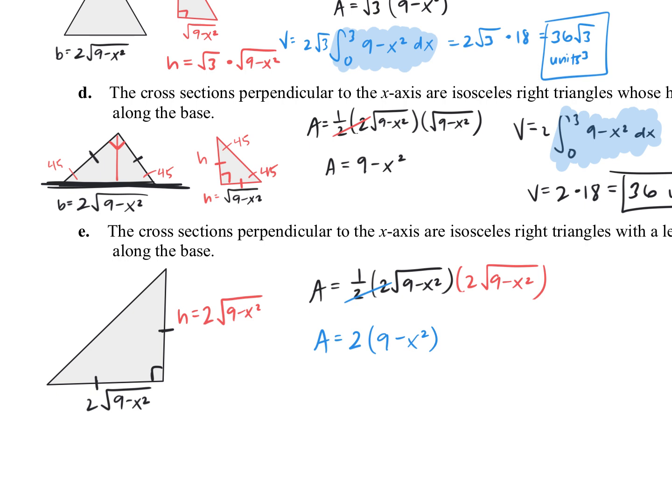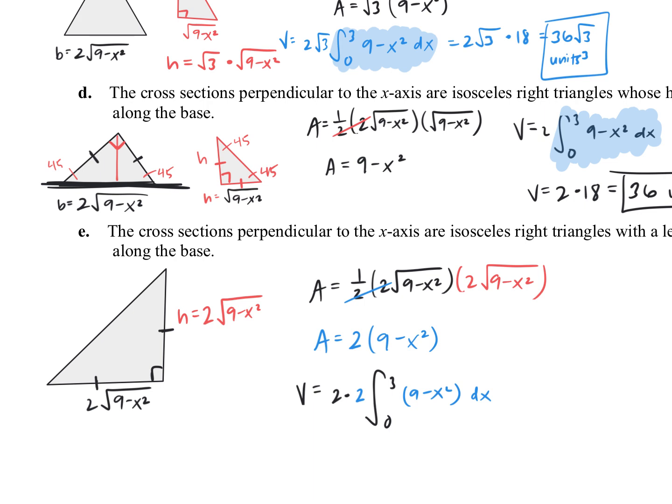So then if I integrate that for volume, remember we're integrating from 0 to 3 of our function, 9 minus x squared. I've got that 2 in front, but then I also need another 2 because that is the symmetry, okay? So the first 2 right there in black, that's my symmetry. The other 2 is from my area formula.